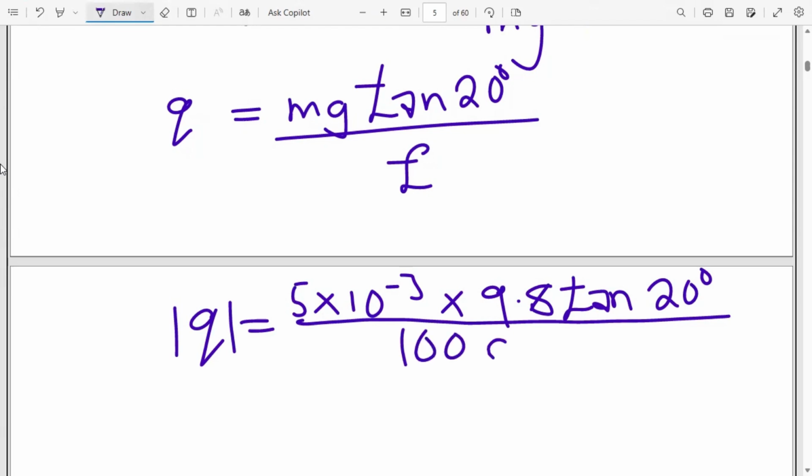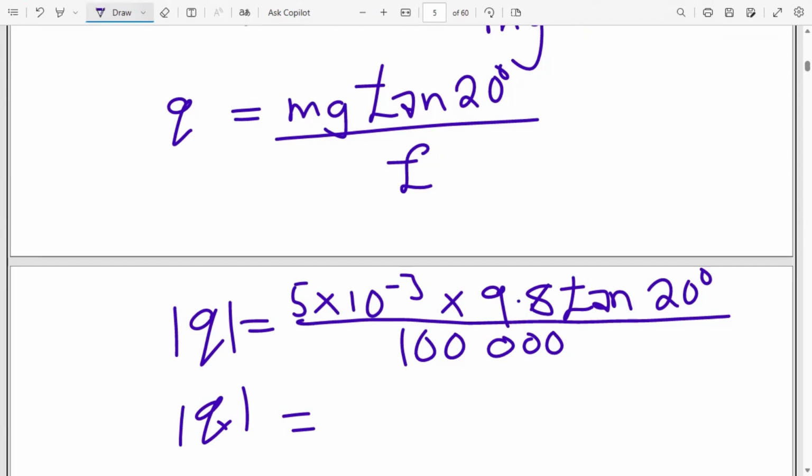Let me just plug this in. We have 5 exponential minus 3 multiplied by 9.8 tan 20 divided by 100,000.